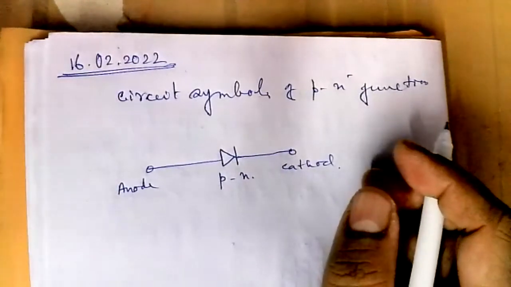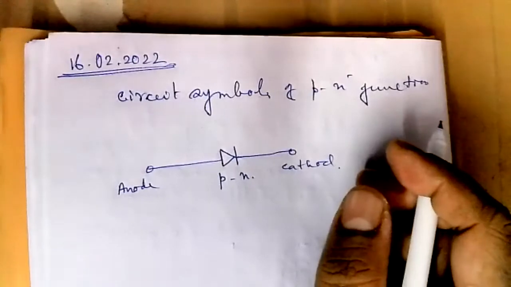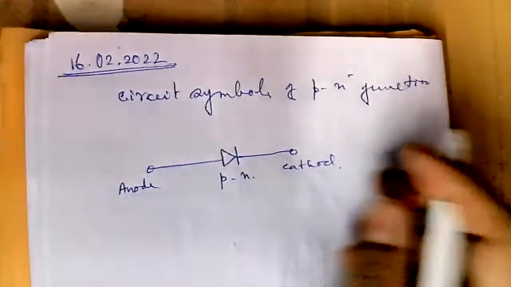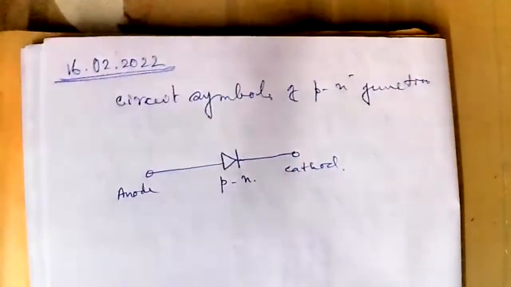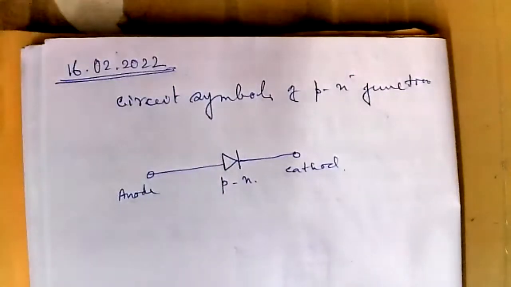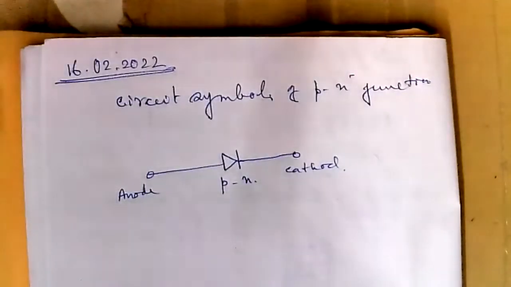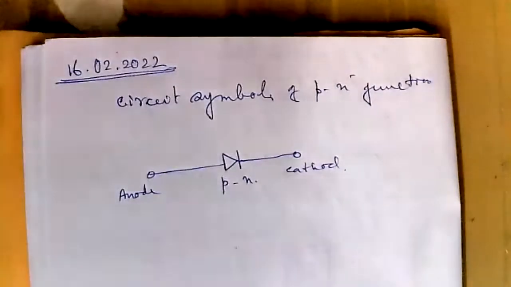Let us find how PN junction works. Now we can connect the PN junction in circuit in two types of connections. One is called forward biasing.